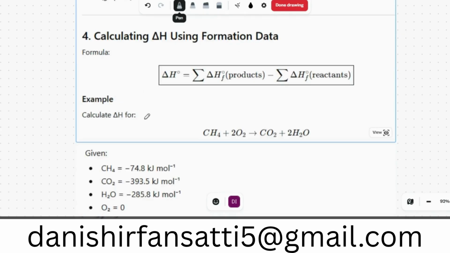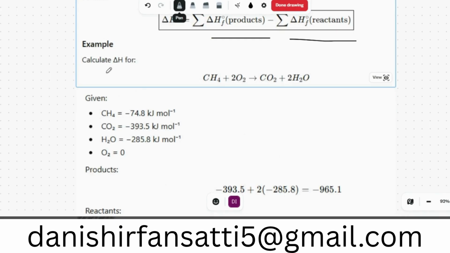Calculating delta H using formation data. The formula is delta H equals delta H f of products minus delta H f of reactants. For example, calculate the delta H for methane combustion. We see the equation.